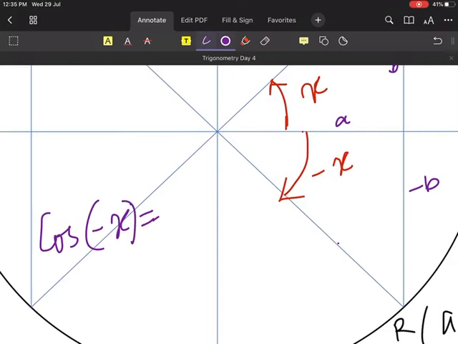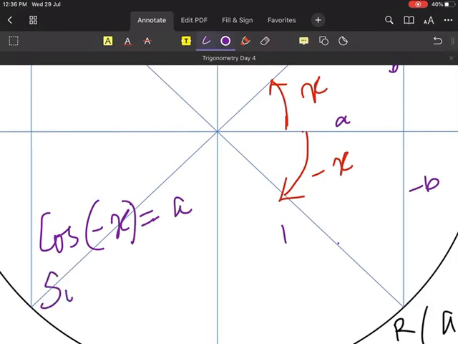It is base by hypotenuse. Base is a, and hypotenuse is 1. So a by 1, it's a. Yes or no?